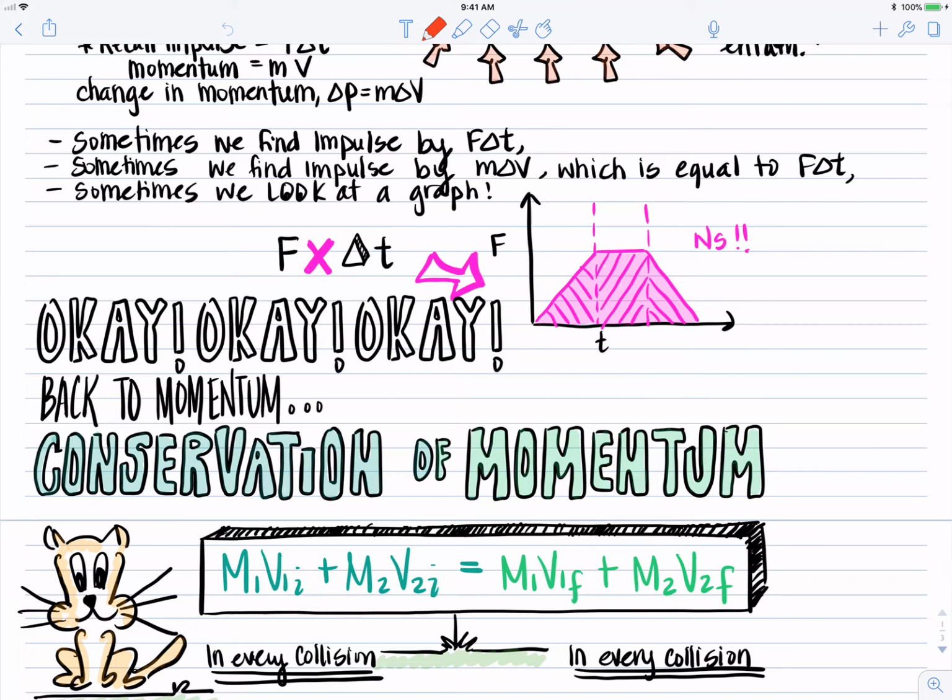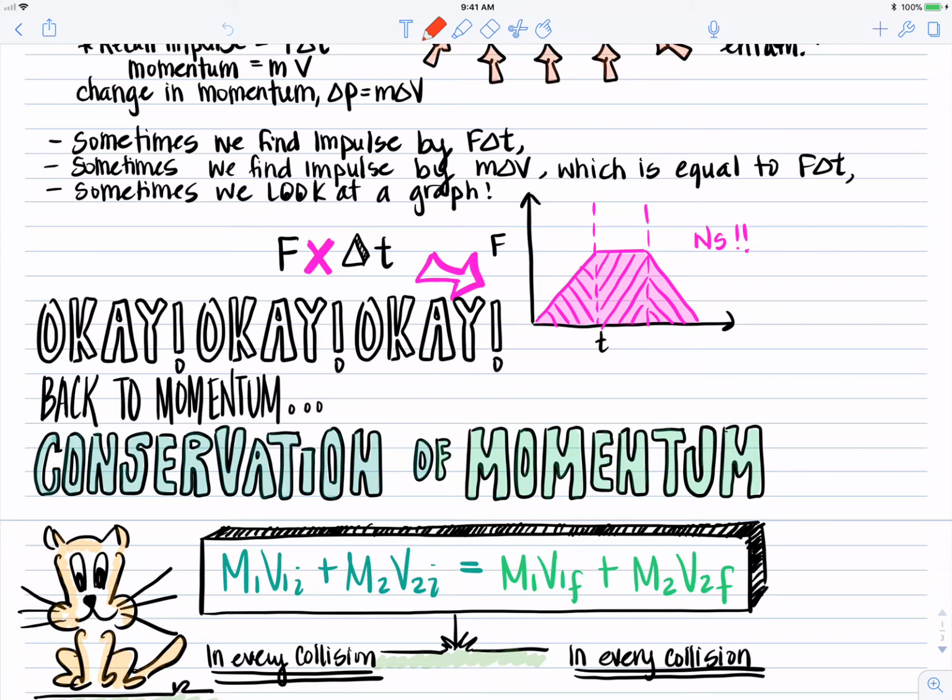So then you would have m1 times v1 initial plus m2 v2 initial equals m1 v1 final plus m2 v2 final. So both the initial momentum and the final momentum are a sum of the initial condition and the final condition of each object. Now remember that in every collision, momentum is conserved.